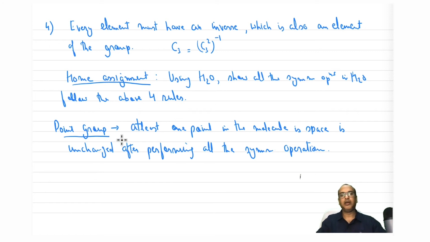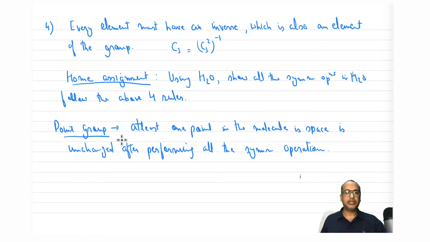So this is in relation to space groups, like when we study, or if you have actually gone through a course of crystallography where the translational operations are also there. So here we have seen that it's only rotation and reflection operations. So in crystallography, which are called space groups, we also have something called translational operations, which is out of the purview of this course, but those are called space groups, and these are called point groups.